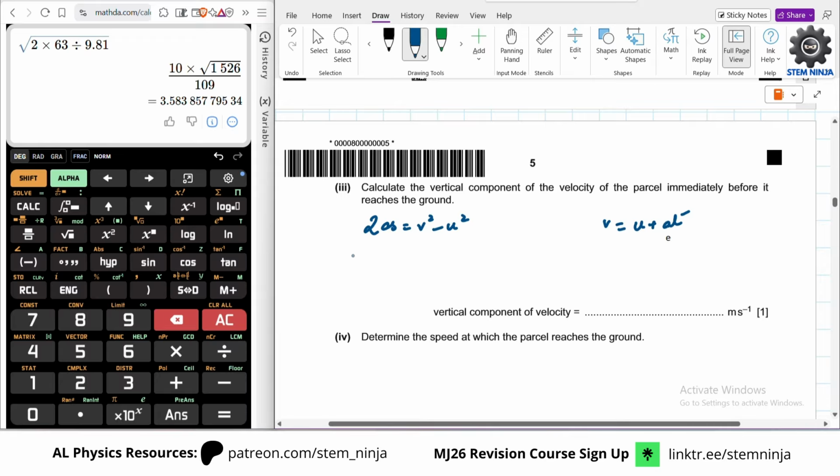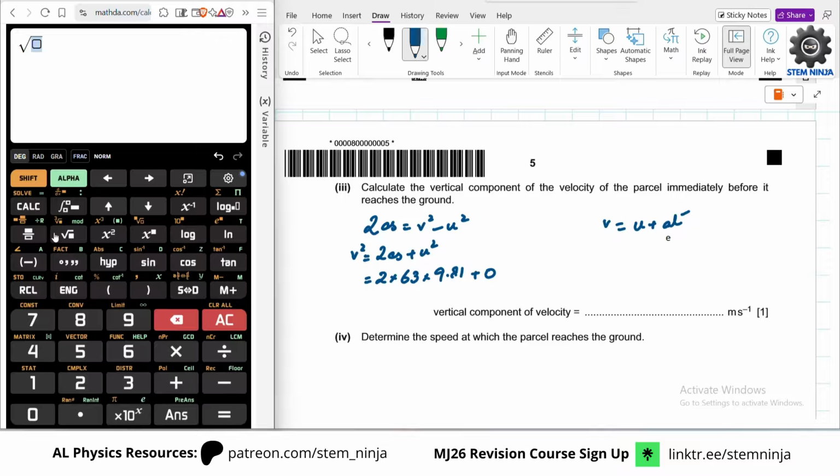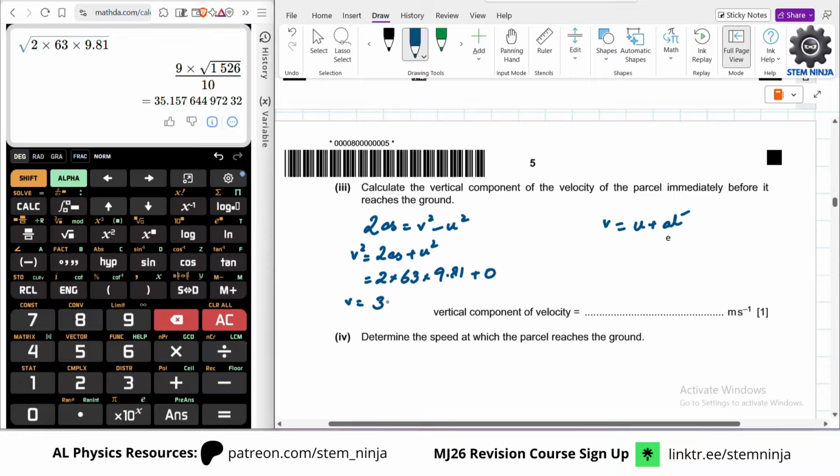So v squared would be equal to 2as plus u squared, 2 times 63 times 9.81 plus 0. So square root of 2 times 63 times 9.81, 35.157, let's call it 35.